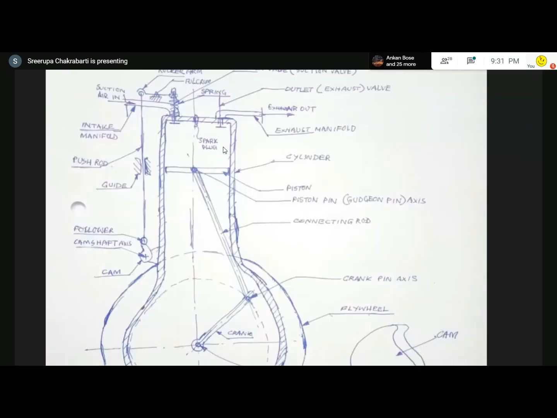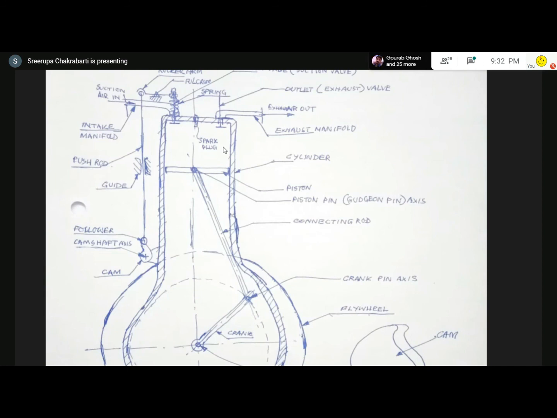Sir, you said that during the suction stroke, when the piston is moving down, a vacuum is created, and then the air and fuel mixture comes inside the cylinder. My question is how the volume of air-fuel mixture is controlled.